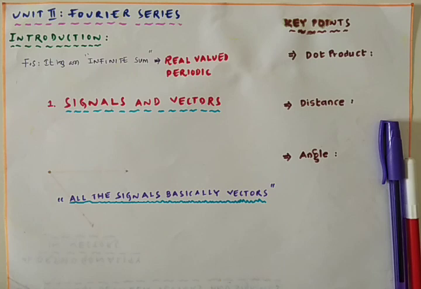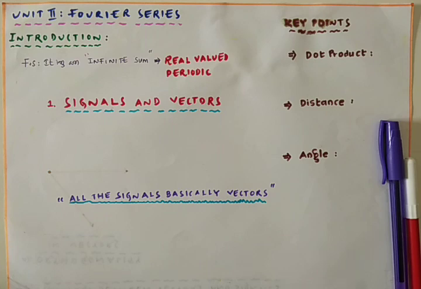So, the need for the Fourier series. Fourier series has many applications in various fields. It is an infinite sum of trigonometric functions to model real valued or periodic signals. That means the Fourier series can be used to write a function as a trigonometric polynomial.